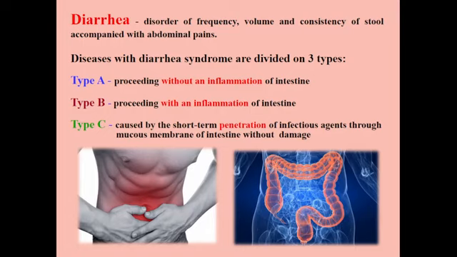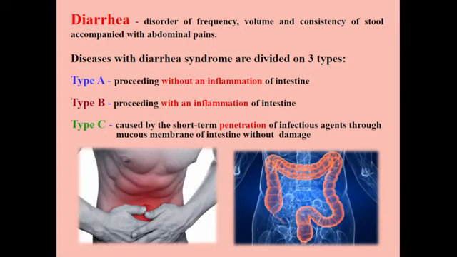So what is diarrhea at all? Diarrhea is a disorder of frequency, volume, and consistency of stool, mostly accompanied with abdominal pains. Diseases with diarrheal syndrome are divided into 3 types.